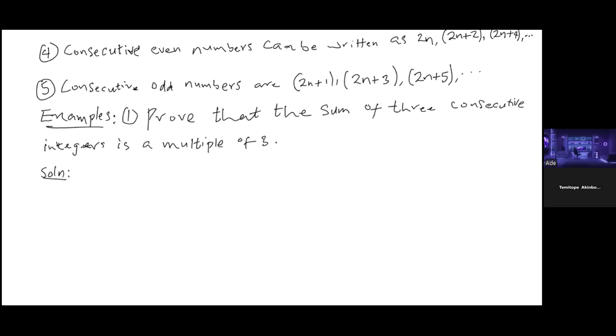Since the question demanded 3 consecutive integers, the first thing you will do is say let the integers be n, n plus 1, and n plus 2.